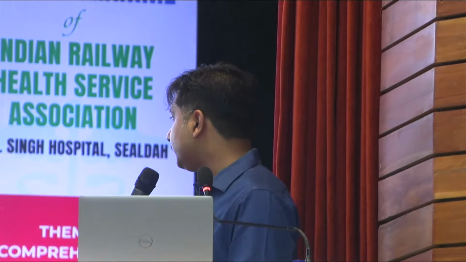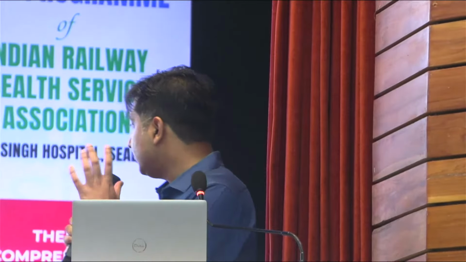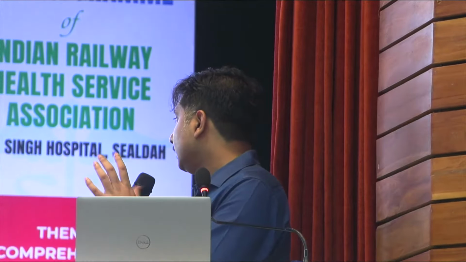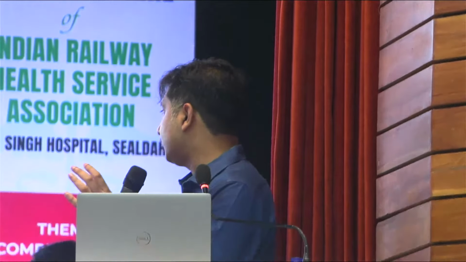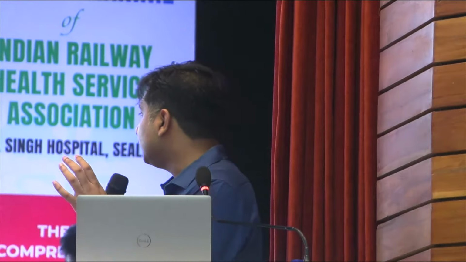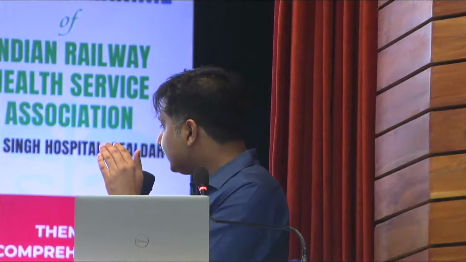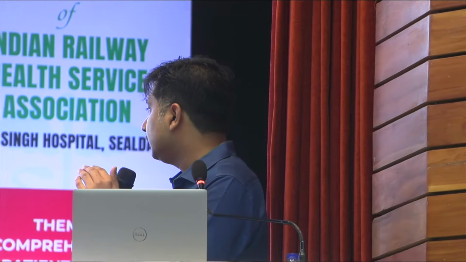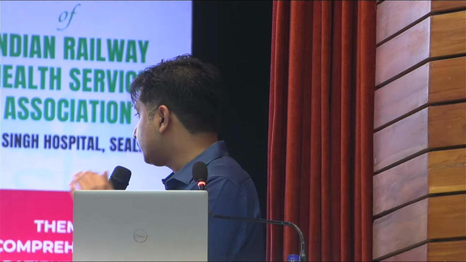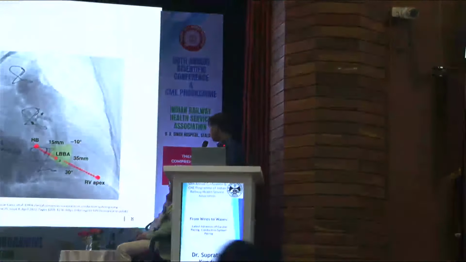And from the tricuspid annulus, if we draw an imaginary line, then at one third, or at a distance of 1.5 centimeters, there is the His bundle area. In this area you can search for the His bundle, and you can search for left bundle area pacing.